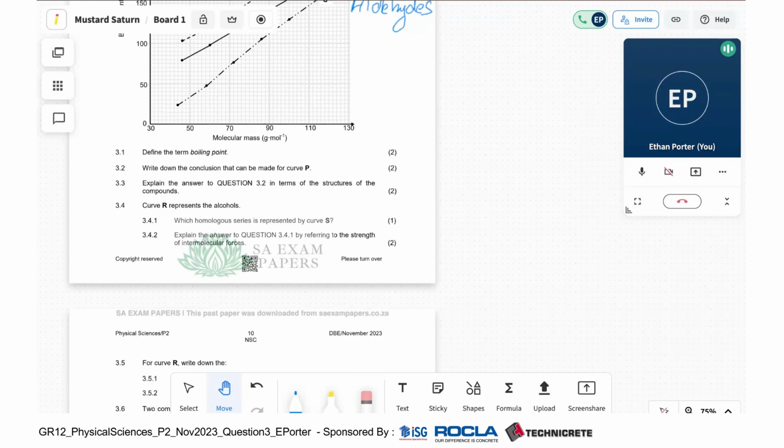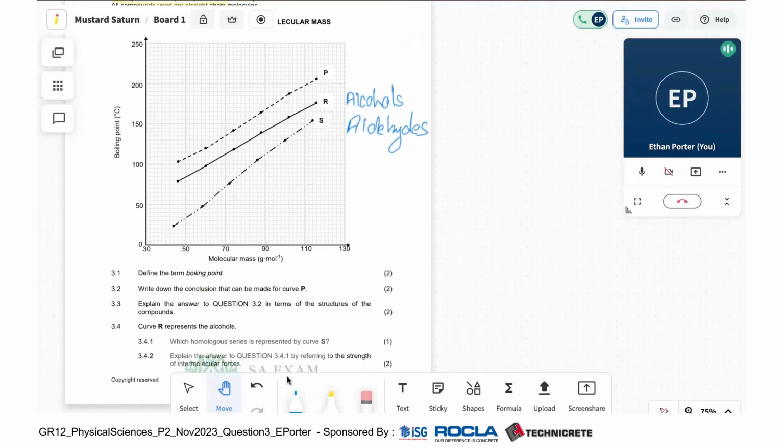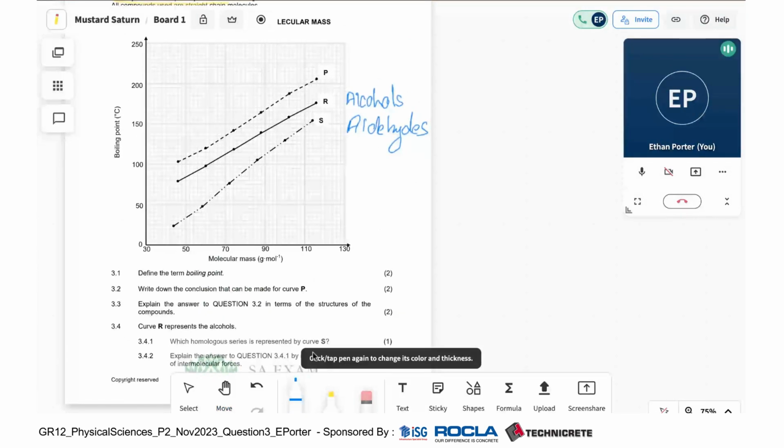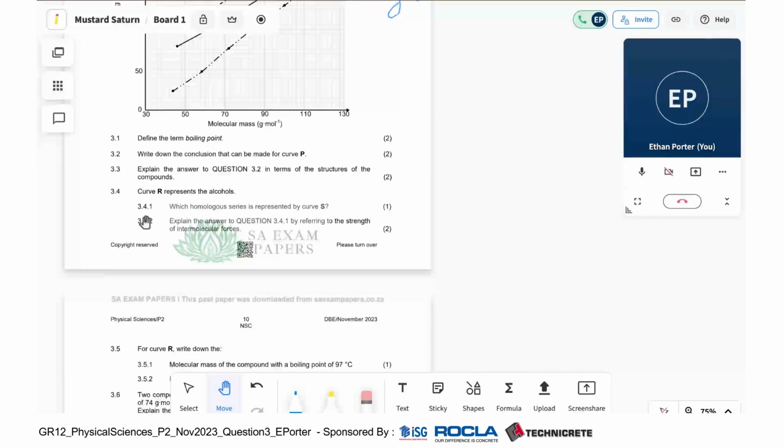You can just say difference in strength of intermolecular forces. So you should just know aldehydes have weaker intermolecular forces. So we might as well just complete it because now we know P is carboxylic acids. But yeah, so that's 3.4.2. Aldehydes have weaker intermolecular forces.